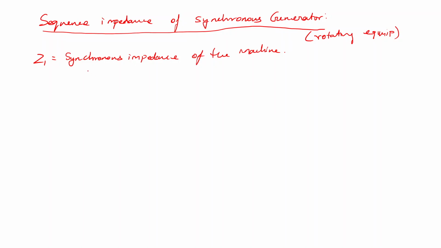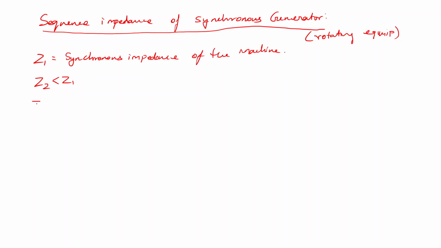So that is the next observation: Z2 is not equal to Z1, or rather Z2 will be lesser than Z1. By calculation we can see how it is. For a synchronous generator, Z2 is lesser than Z1.